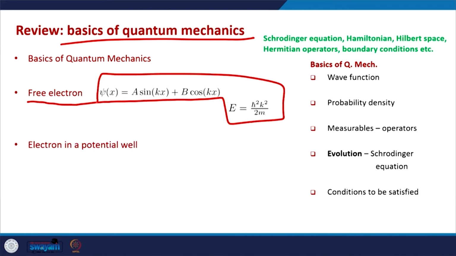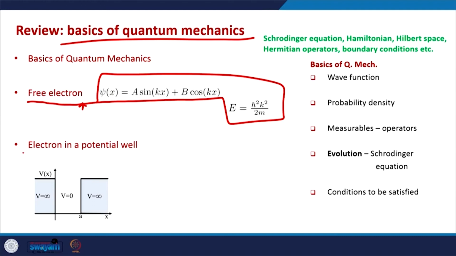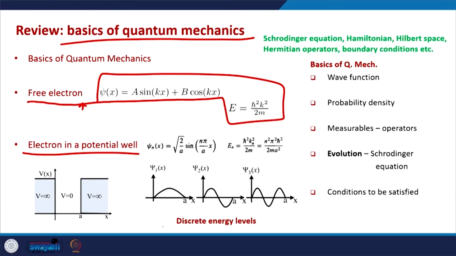Essentially all these electronic devices are about the behavior of electrons in a solid state system. Okay. So, first we will start with the behavior of an electron in free space, then we will see how electrons behave when the electron is confined, and the key result here is that as soon as the electron is confined, we obtain discrete energy levels.